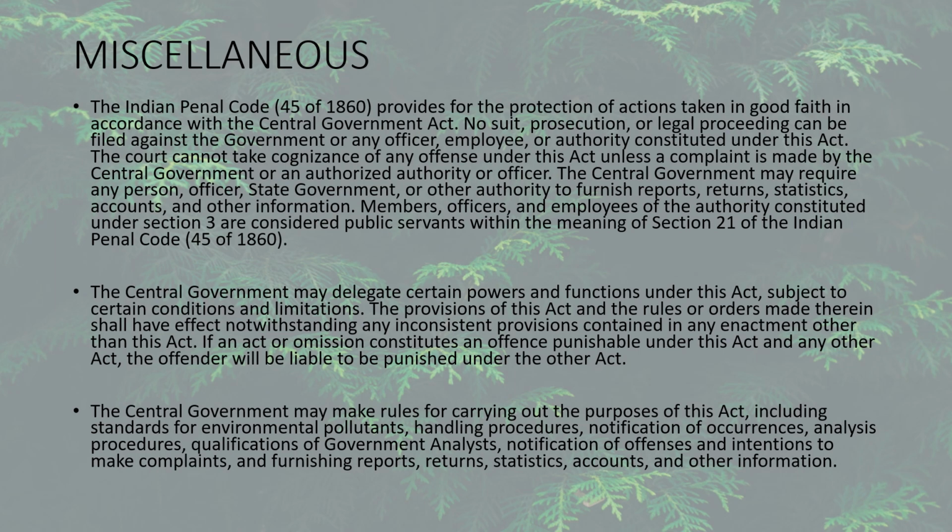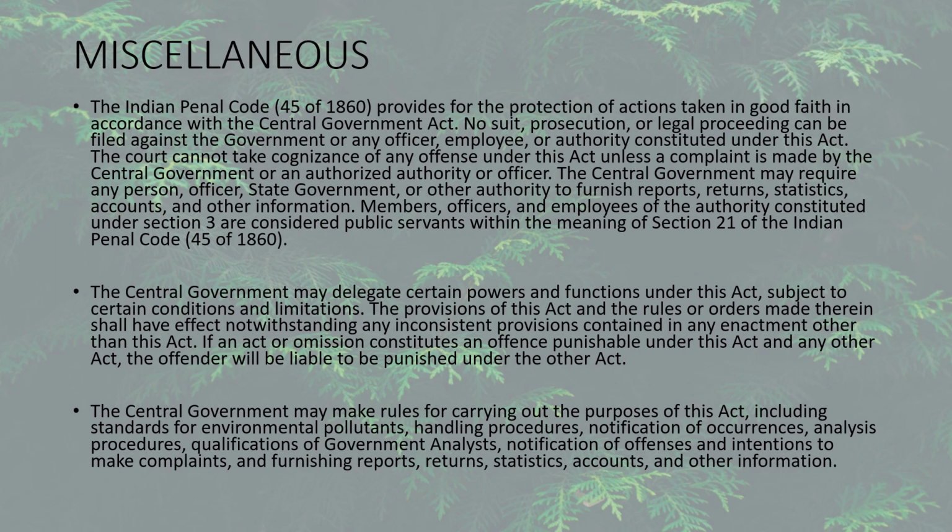So what it says is, the central government may delegate certain powers and functions under this act subject to certain conditions and limitations. So certain conditions and limitations will be put. Now, the provisions of this act and rules or orders made therein shall have effect notwithstanding any inconsistent provision contained in any enactment other than this act.